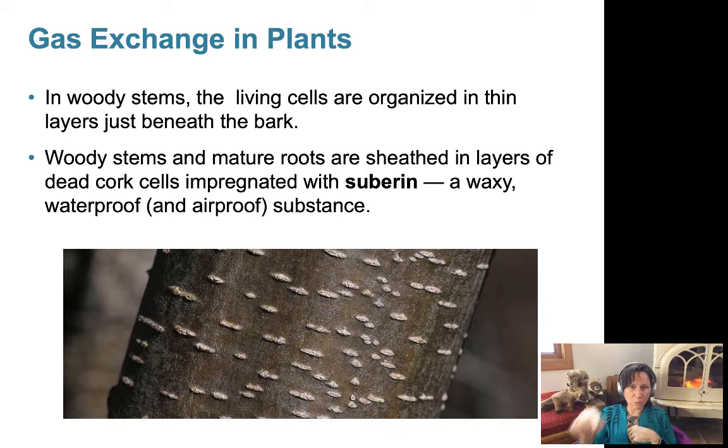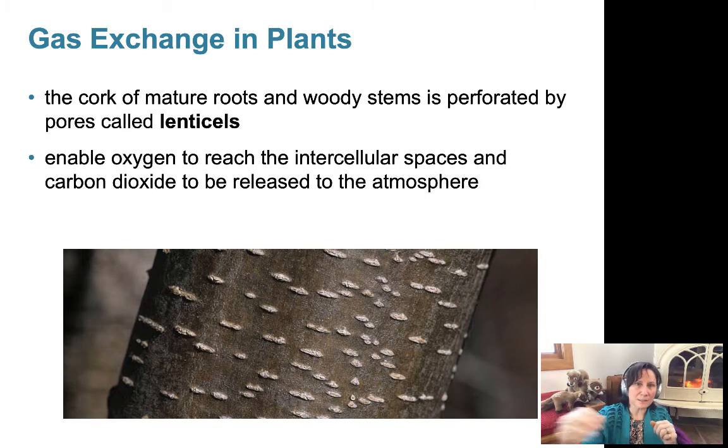These are actually pores through which gas exchange can occur through layers of dead cork cells and waxy, waterproof coverings on woody plants. Woody stems and mature roots are sheathed in layers of these dead cells impregnated with suberin. That's the waxy substance, and it helps to retain water, but it hurts gas exchange.